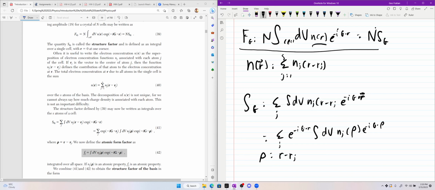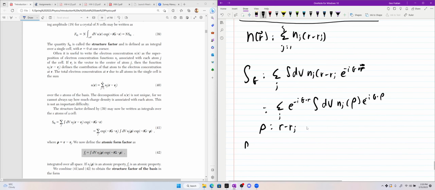So we can define the atomic form factor f_j as the integral dV of n_j of rho times e to the negative i G dot rho.